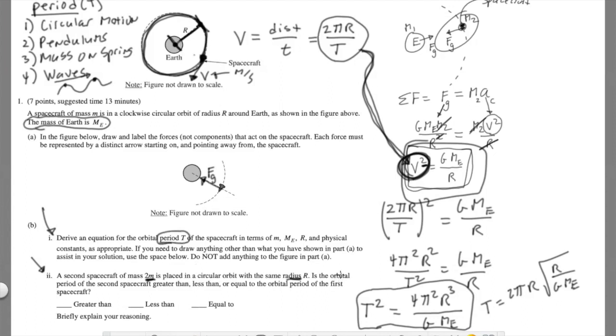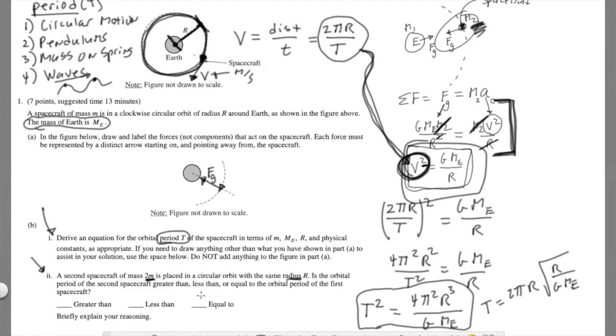Well, the important thing to note here, right up here in our work, notice what happened to the mass of the spacecraft, which we called M2. Notice that the mass of the spacecraft canceled out, and that's the answer. So they're saying a second spacecraft with double the mass. Well, that's not going to change anything.